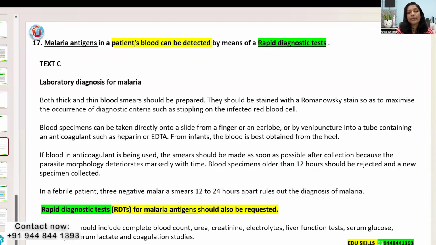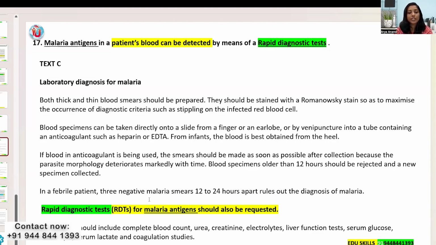Malaria antigens in a patient's blood can be detected by means of a dash. So from which text is it? Patient's blood can be detected. So yes, laboratory diagnosis. Here you can see malaria antigens. You can just take that phrase, malaria antigens. Because here regarding the blood smears, they have mentioned blood specimens, everything like anticoagulant.